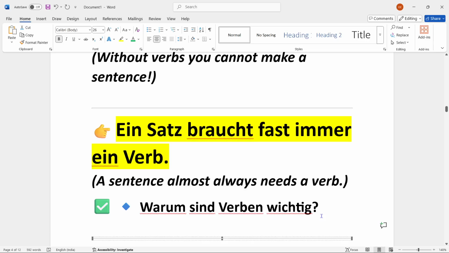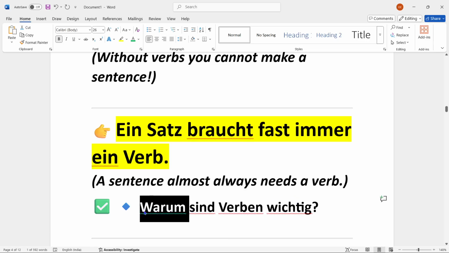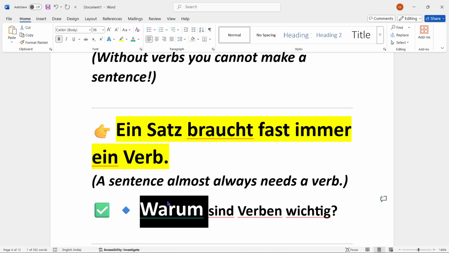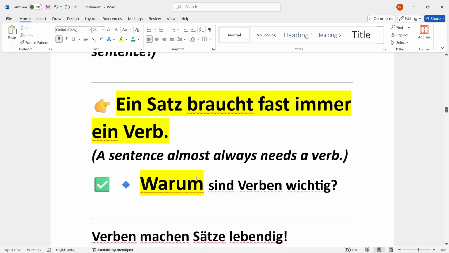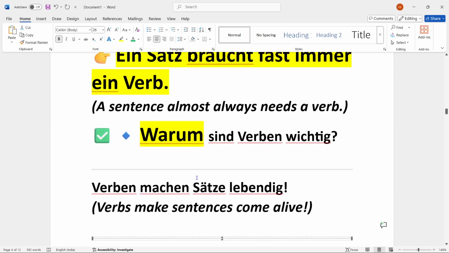But the question is, warum? It means why. Warum sind Verben wichtig? Verben machen Sätze lebendig.